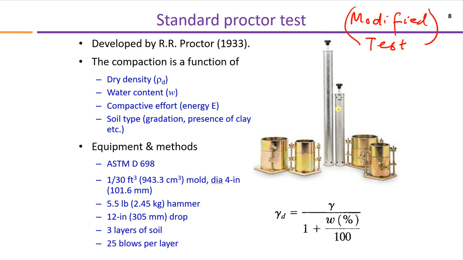What we do in this case is we take soil, add water in it, and mix the soil, and after that we place it in this mold. This mold has a standard volume. Mostly there are two kinds of molds.